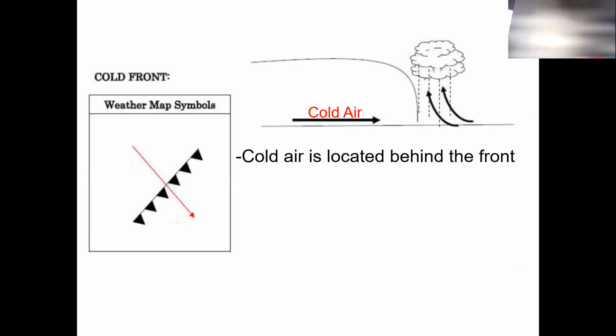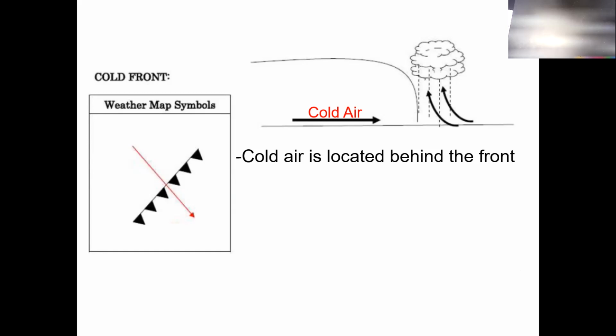So if it is the United States Army at the front, you've got where the battle is happening and behind them. So where I have Army A here, here's the front, and behind that is the army that goes with it. So here too, a cold front is going to have cold air behind it.